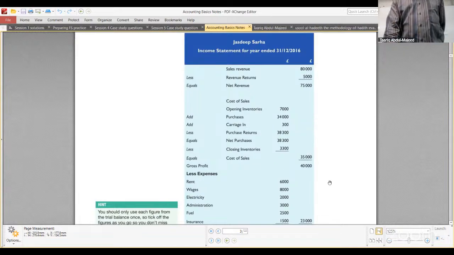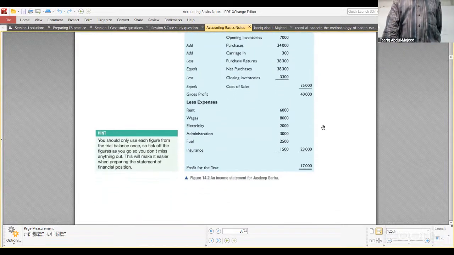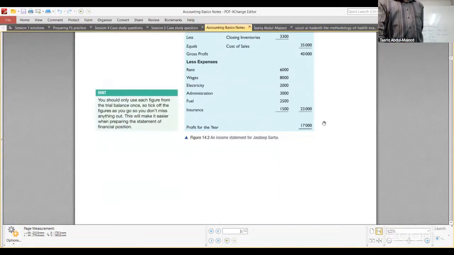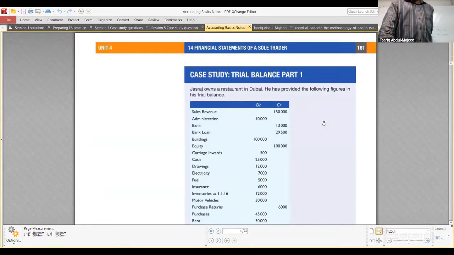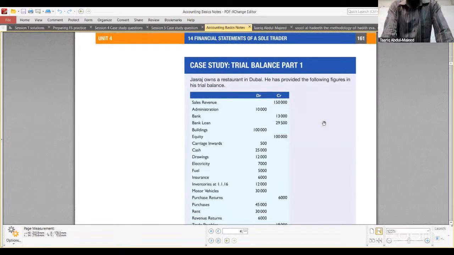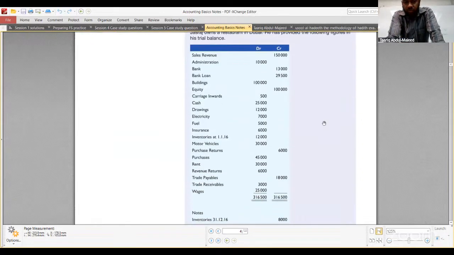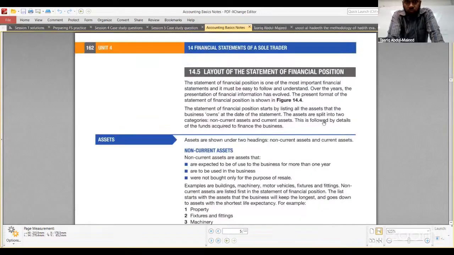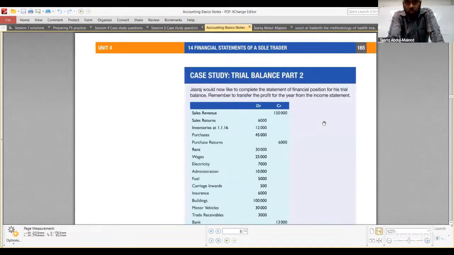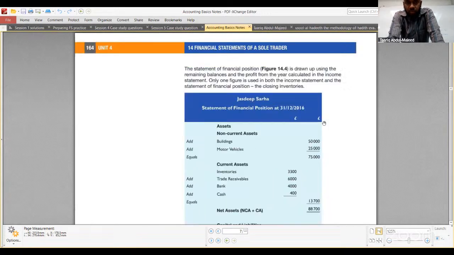Then we less all the expenses, and that gives us the profit for the year. Okay? So that basically is the first basic income statement. All right? So that was for Just Deep.